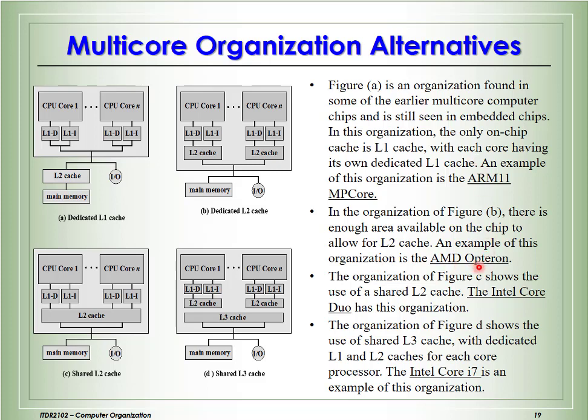The example is AMD Opteron. And the third one is the shared L2, where you can see there is use of a shared cache, and this is Intel Core. And the fourth one uses a shared L3 cache with dedicated L1 and L2 for each processor, and this is an example of Intel Core i7.